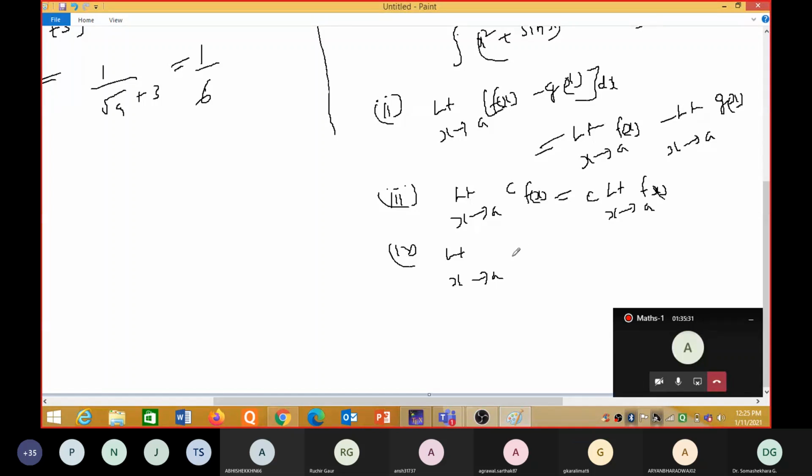Suppose the function is a product, f of x into g of x. We can apply the limit like this: the limit x tends to a f of x, into the limit x tends to a g of x.